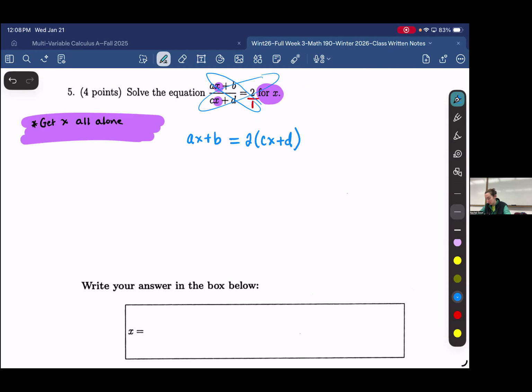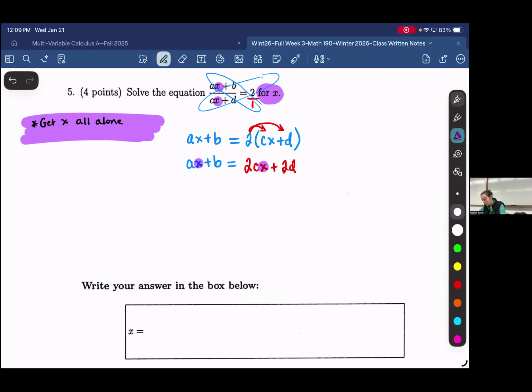Becomes slightly easier. And we eventually want to get all of the x's to one side, so I'm going to have to utilize some distributive property on that right-hand side to get 2cx plus 2d. So we no longer have parentheses. And again, get all of the x's on one side.